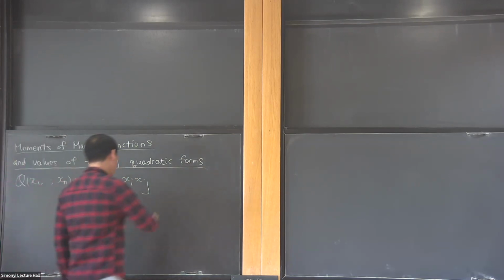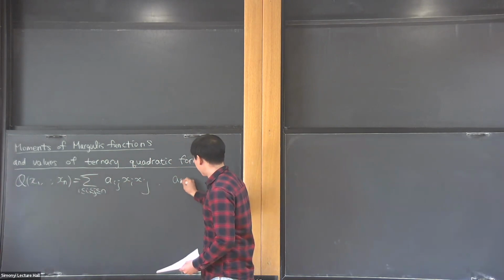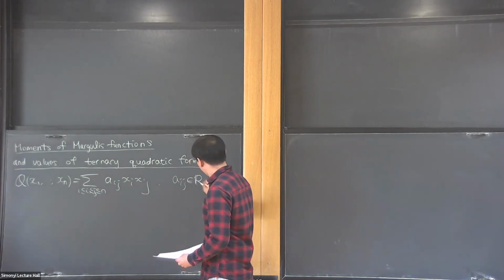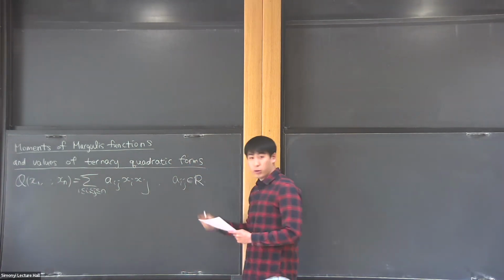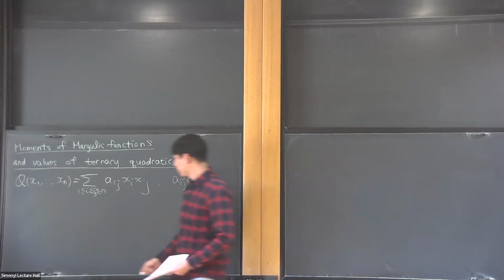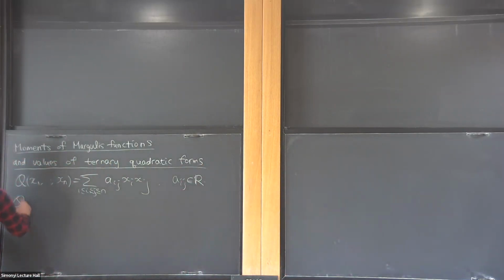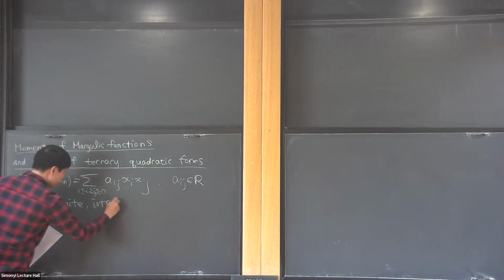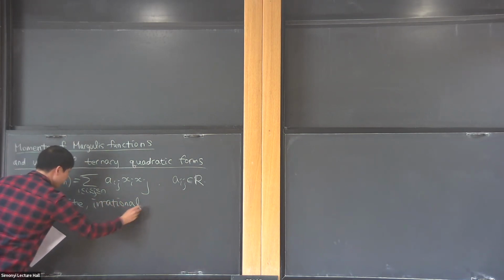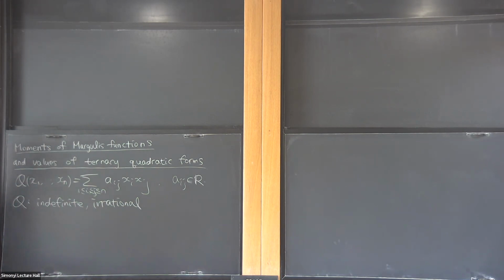Here I'm interested in quadratic forms of real coefficients, also indefinite and irrational in a projective sense, meaning that Q is not proportional to any rational form.